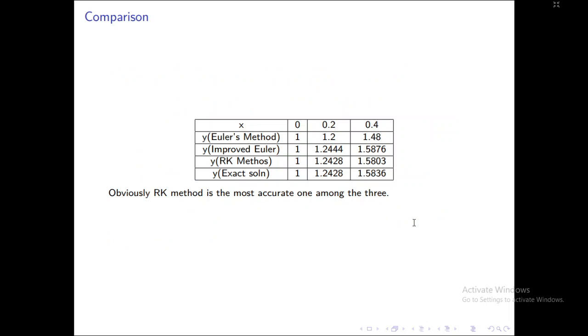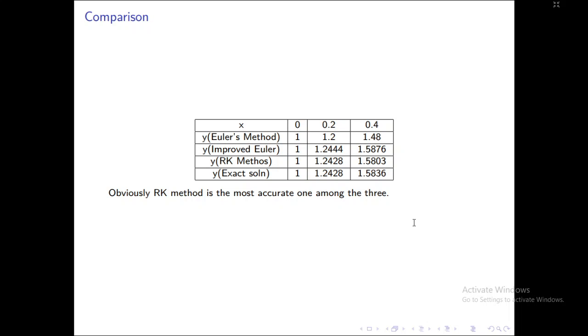Now again we tabulate the values obtained by the RK method, or Runge-Kutta method, in a table for comparison purposes, together with the exact solution. So observe the value obtained in the RK method is exactly the same as the value obtained in our exact method up to 4 decimal places.